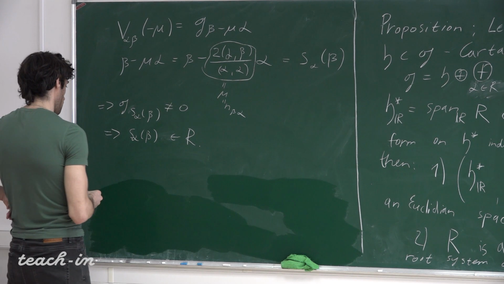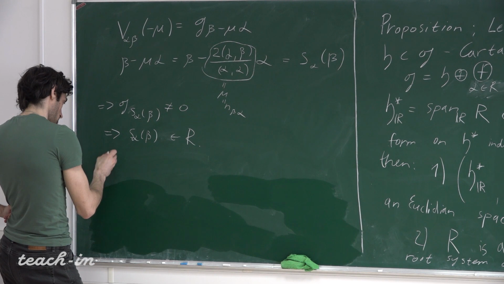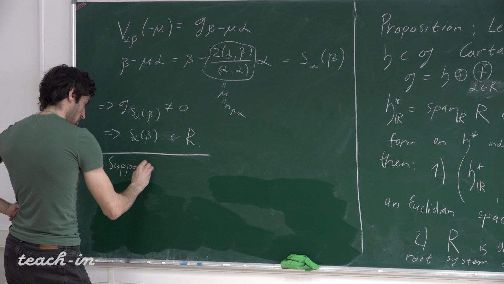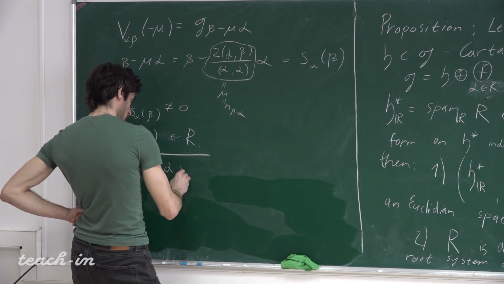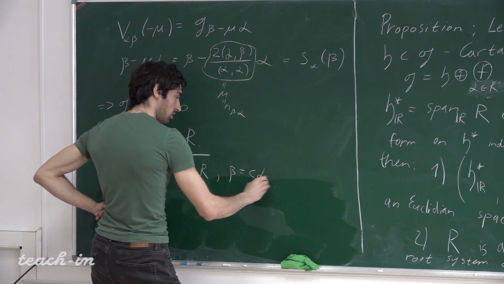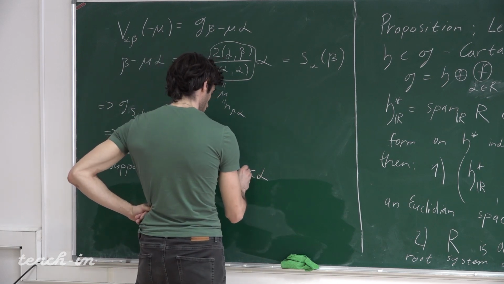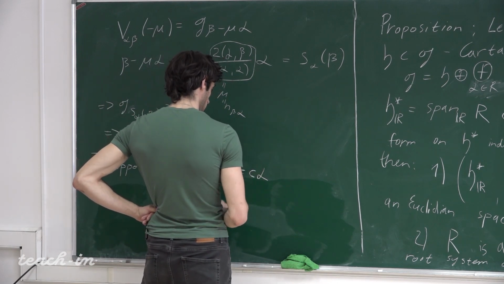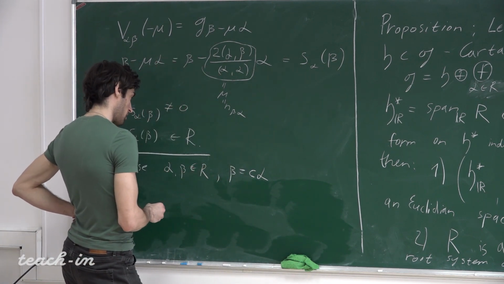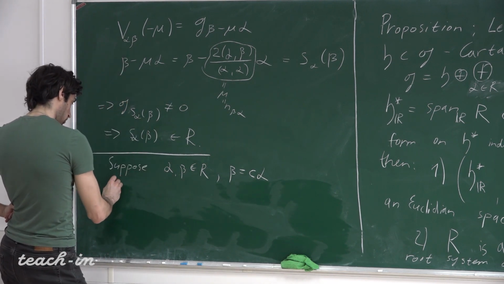So what are our options? Suppose alpha and beta again are roots, and beta is C alpha, where C is some complex number. Then we would like to consider n alpha beta.